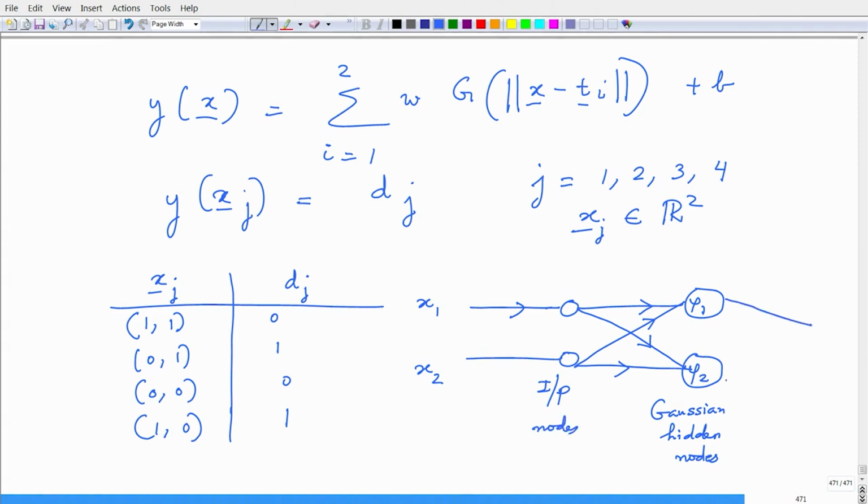And then I have my weights that I am using to combine these nodes. Because this XOR problem is sort of symmetric, I can assume that there is weight sharing. I have the same weights W, and I have a bias that is added to the output, right, and this is my output.